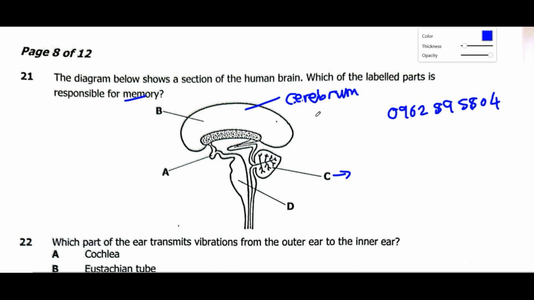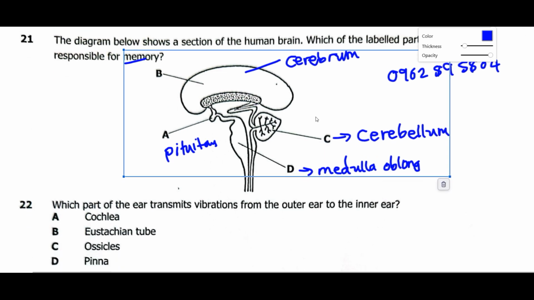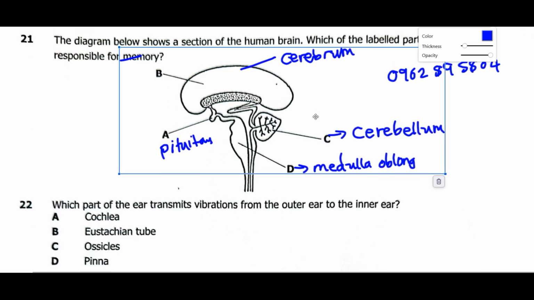So C is cerebellum. Then D is medulla oblongata. Then A is pituitary. Pituitary is the master gland that secretes hormones. So the answer here is just B.